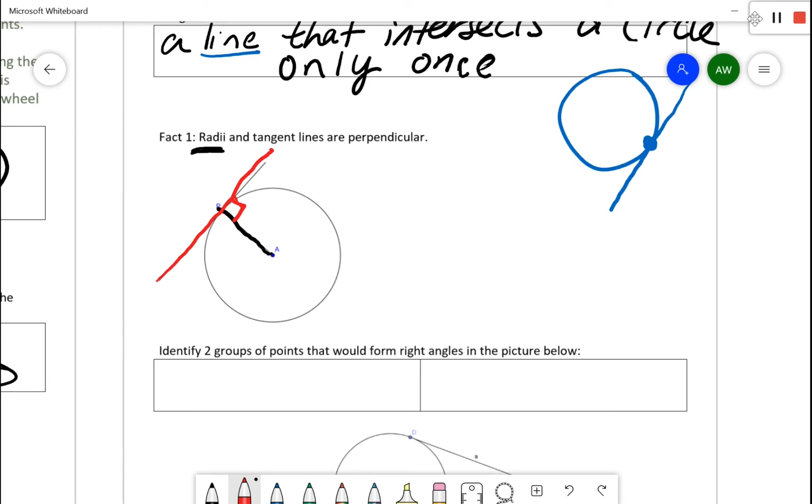Now you guys might not have that option, especially if you don't have a protractor or a compass around, but what you can do is make sure that this is scaled correctly so your circle is actually a circle. And then if you grab a piece of paper or a book or anything that has a right angle and hold it up to your screen here, you should see that this is in fact a right angle.